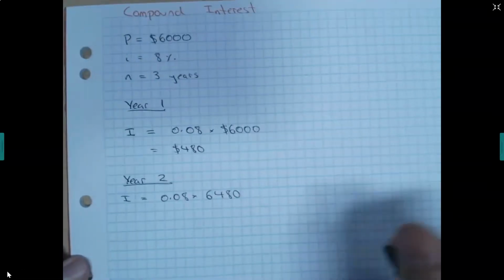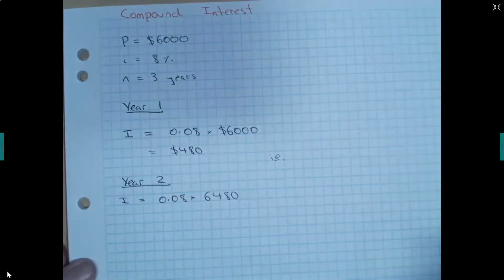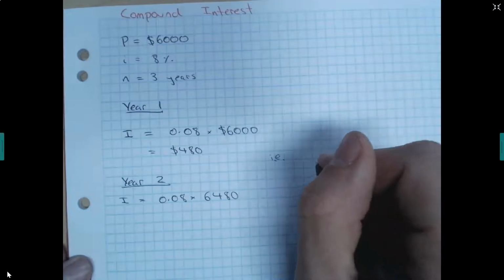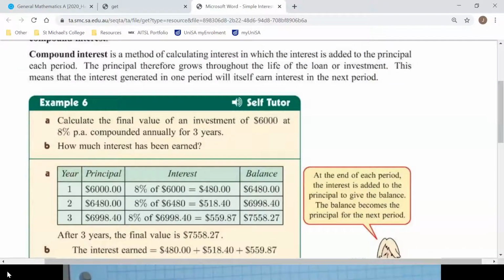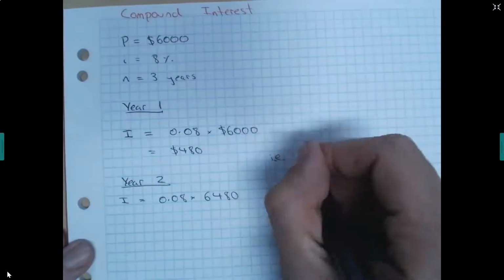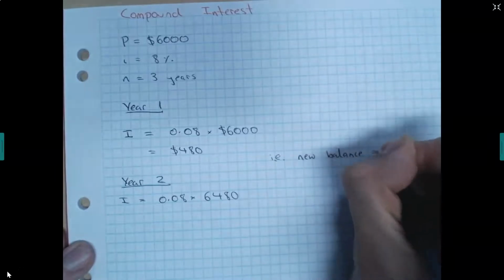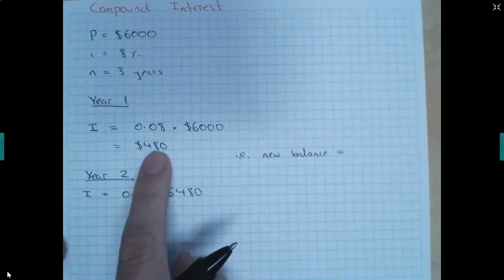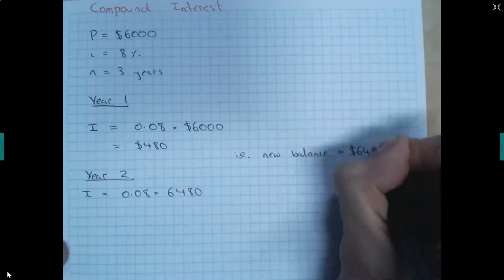I might just make a note here. Therefore, new balance is equal to, so after it earned $480, the new balance was 6,480.